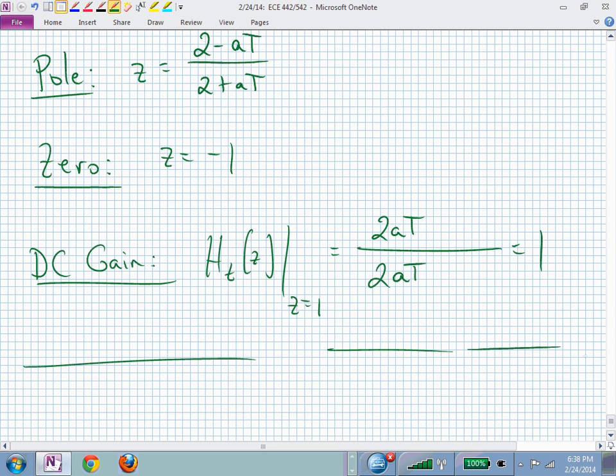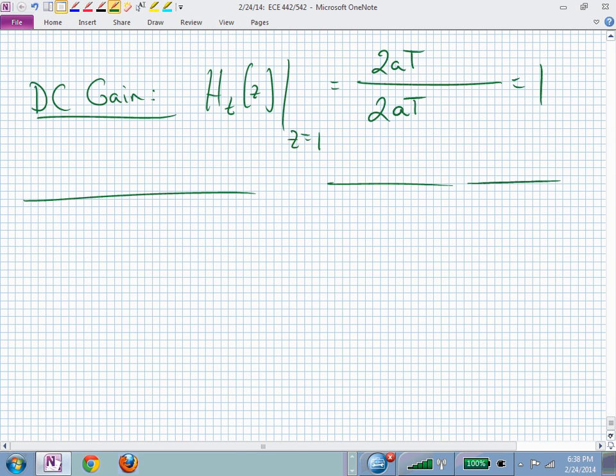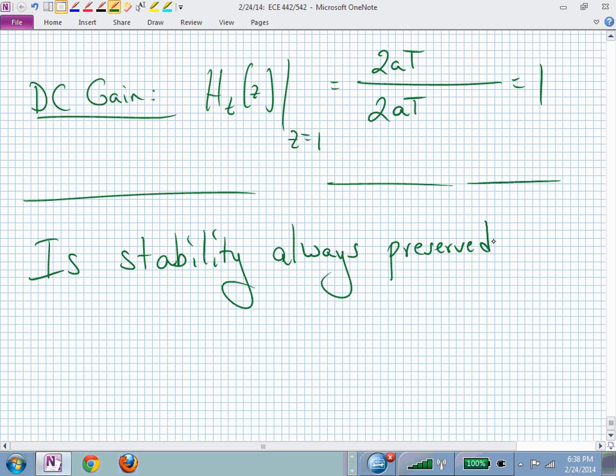I've already hinted a little bit at this next question. Is stability always preserved with numerical integration?